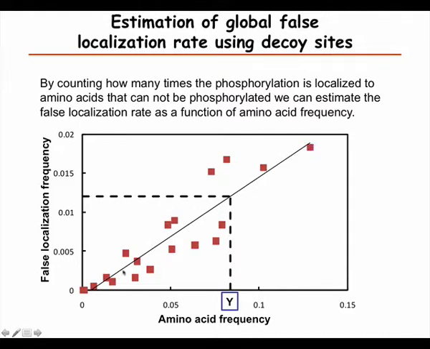It seems to be pretty much in line with the general trend as a function of amino acid frequency. So probably most of these are false localizations because we have a high frequency of cysteine in our peptides.